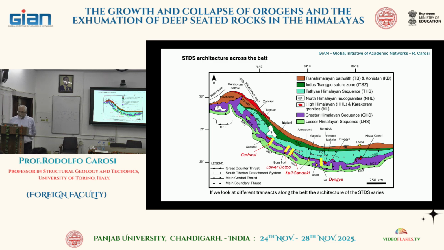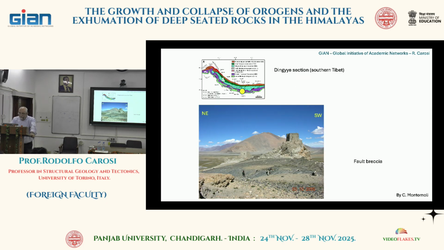Okay, so we can take a look at the architecture of the detachment across the belt. Here we are in Dingye, south of Tibet. It is an old monastery destroyed by the Chinese when they invaded Tibet, and the dark stuff is made of high-grade gneisses with sillimanite, biotite, and garnet.